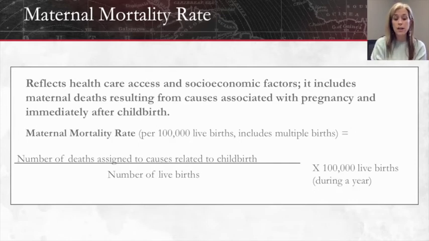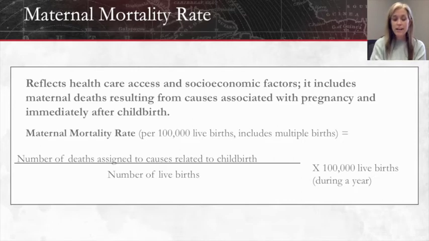Maternal mortality rate is used just as frequently as infant mortality rates when trying to make international comparisons. So maternal mortality rate is used to reflect healthcare access and socioeconomic factors, because ultimately what maternal mortality rates say is, okay, can a woman go to a hospital and get treated if there were any pregnancy complications?